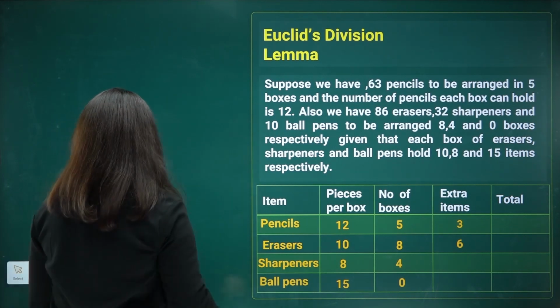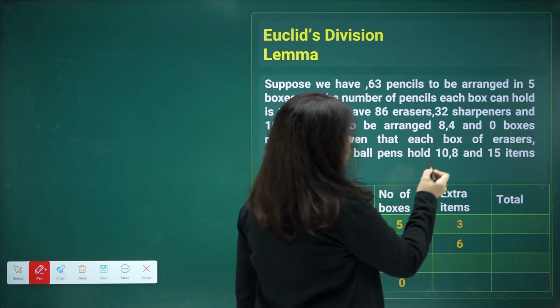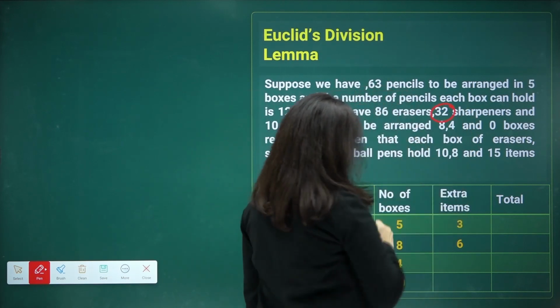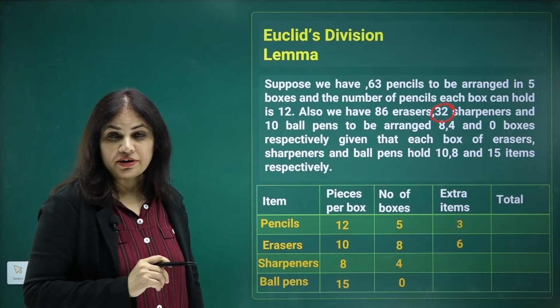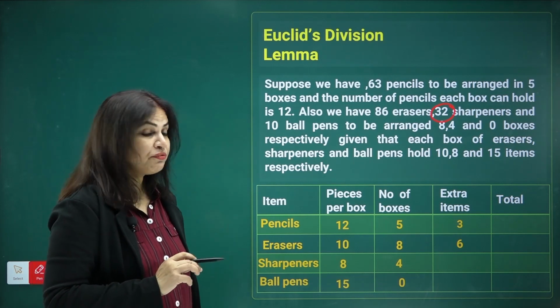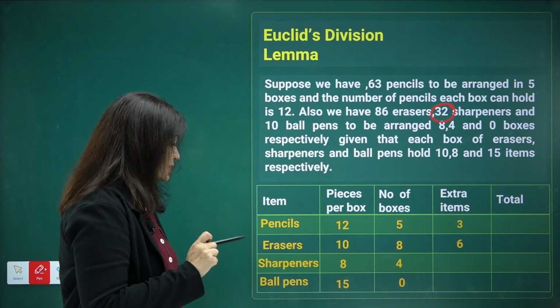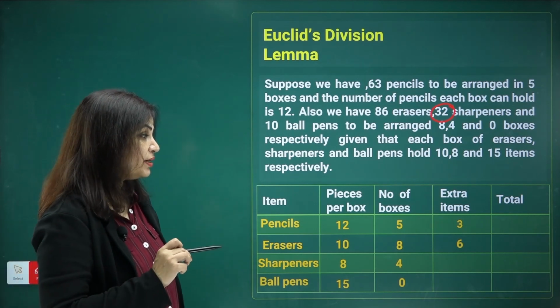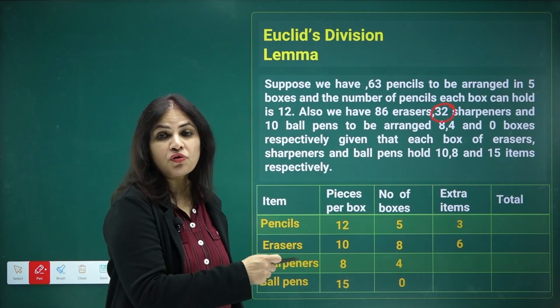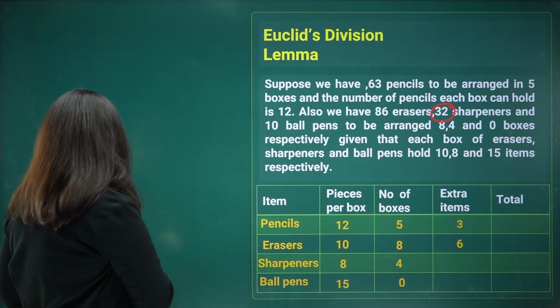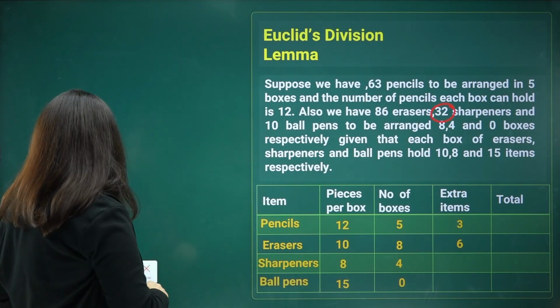Similarly, we have 32 sharpeners, and these 32 sharpeners have to be arranged in 4 boxes, and it will fit exactly, because each box is holding 8 sharpeners and there are 4 boxes, 8 into 4 will give me 32, and there will be no sharpener left.